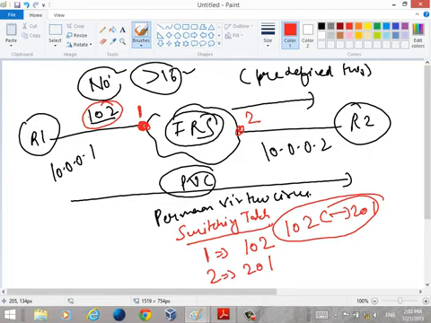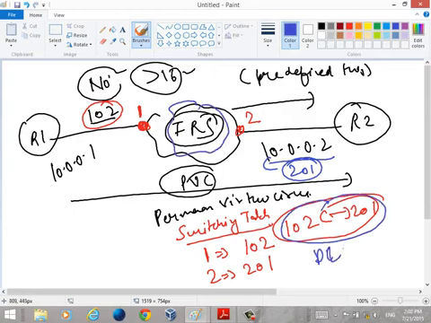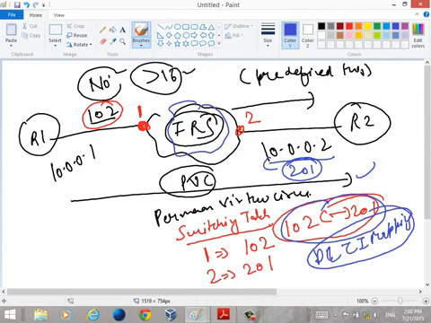It means if you want to come back from R2 to R1, you have to tell R2 that to reach R1, it has to use DLCI 201. For a bidirectional connection, how many DLCIs do you need? 2. And the frame relay switch will forward information on the basis of DLCI. This thing is clear?